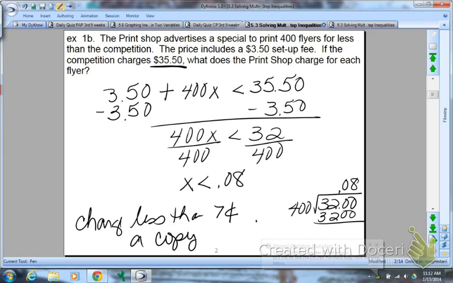Or you could say 0.08. Or, excuse me, I'm not 7, 8. Or you could say it like this. You either say it 8 cents like this, or this is another way of writing 8 cents.